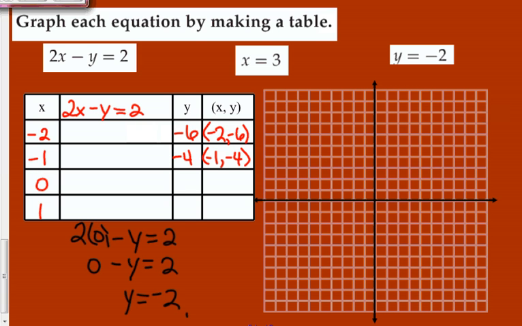So whenever x is 0, y is -2. That's our point. And you should see a pattern. The y is increasing by 2 as the x increases by 1. So that should help you figure out your last point. When x is 1, y should be increasing by 2, which would make it 0. And you can test that.